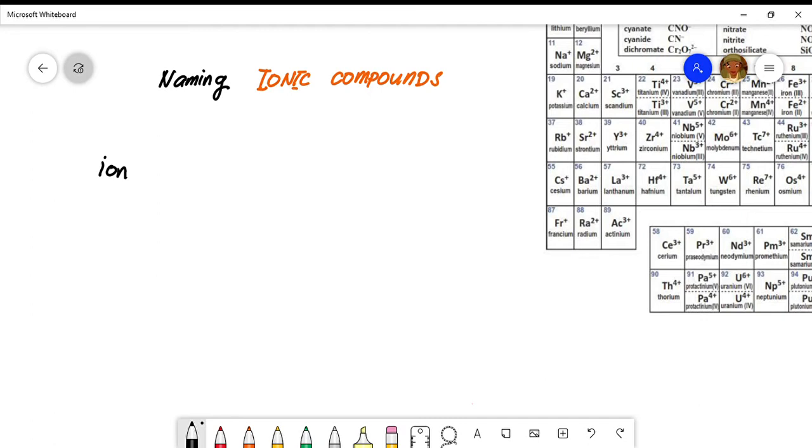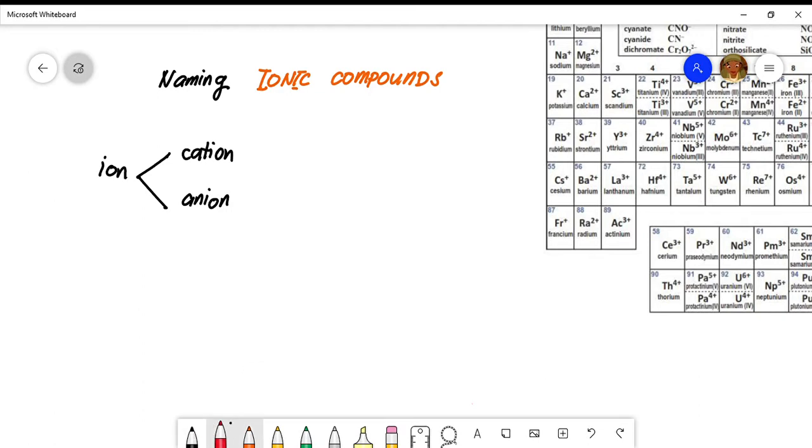So this ion can have either a cation, the positive electrical charge, or an anion, the negative electrical charge. So an ion is an atom or group of atoms where the number of electrons is not equal to the number of protons.